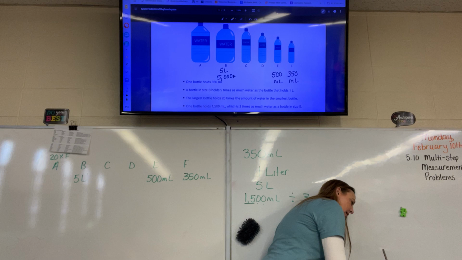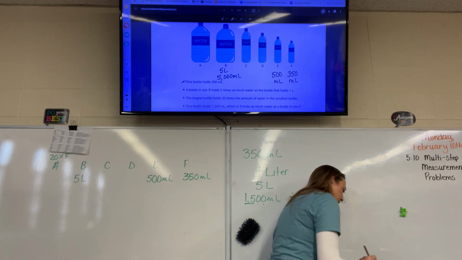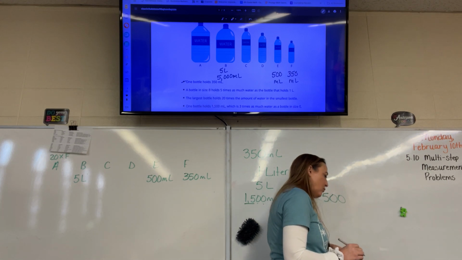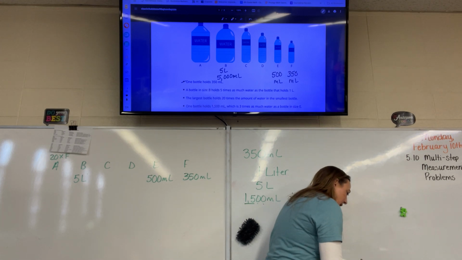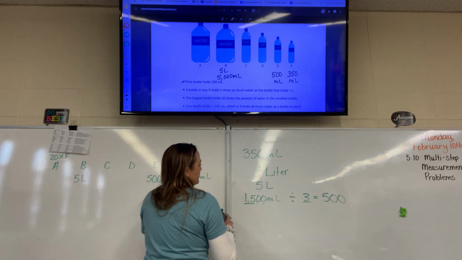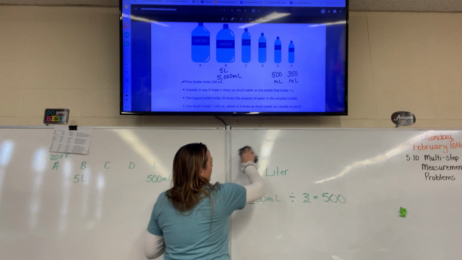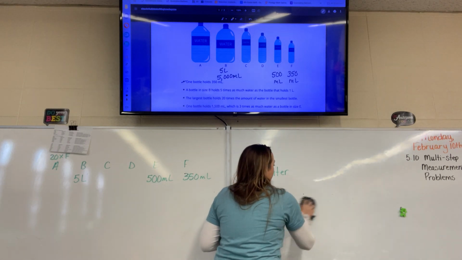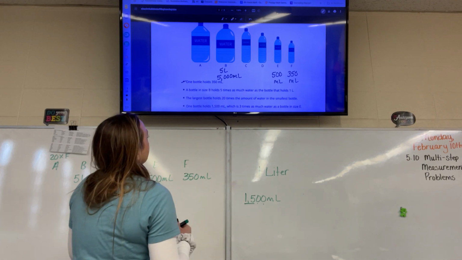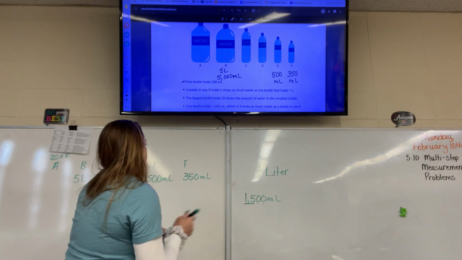Okay. All right. So we've got the clue 1 we're done with. The bottle in size B holds 5 times as much as the bottle that holds 1 liter. And then, now we know there's a bottle with 1 liter and there's a bottle with 1,500 mLs. And then the largest bottle is 20 times the smallest bottle.